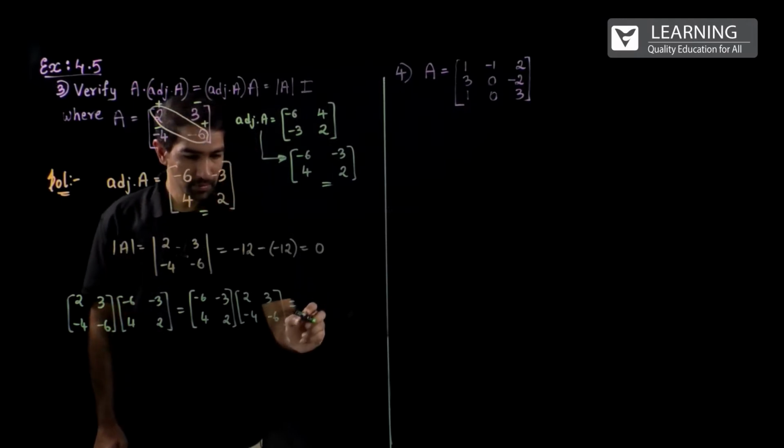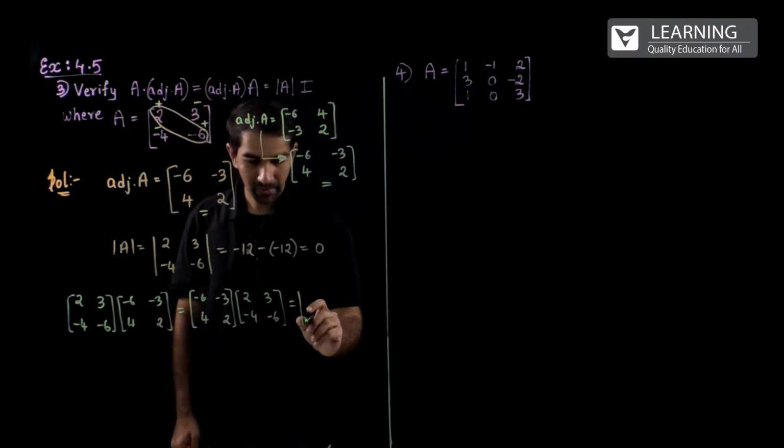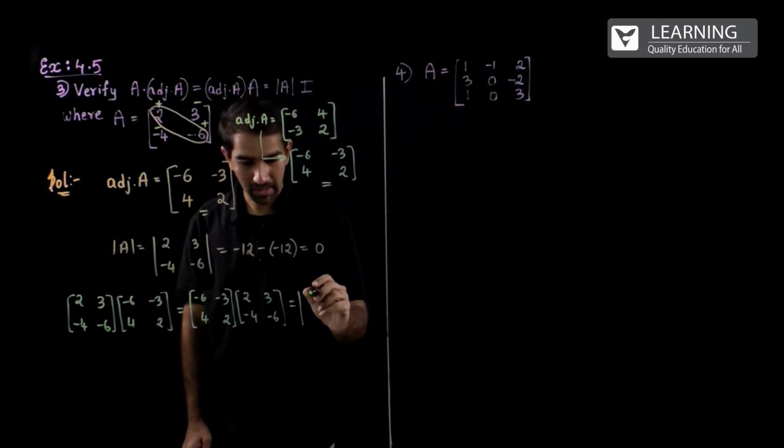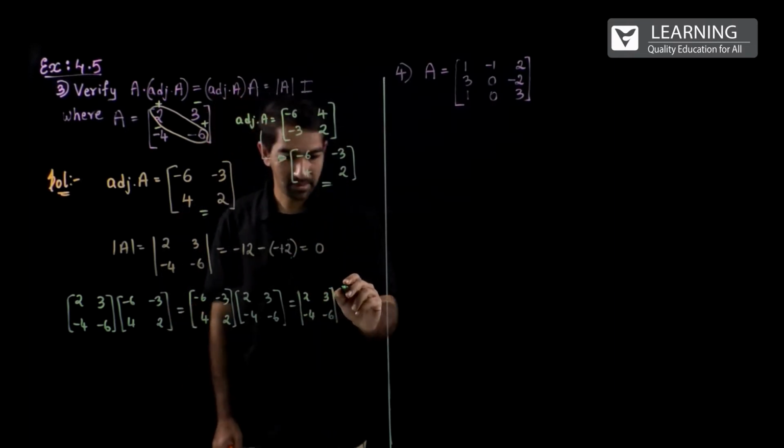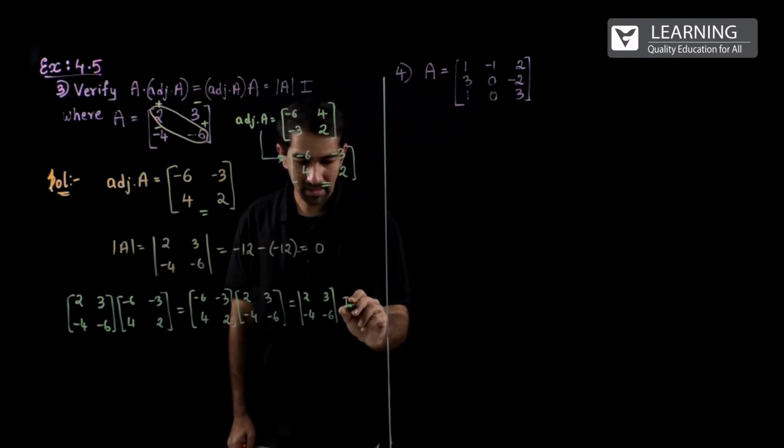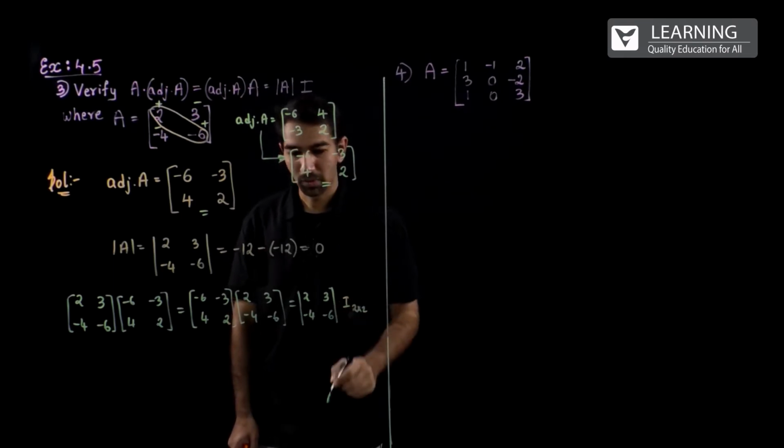This again should be equal to determinant of A, which is equal to 0 here. So we'll write determinant of A, 2, 3, minus 4, minus 6 into I. So I matrix, we'll write it as it is, of order 2 cross 2.